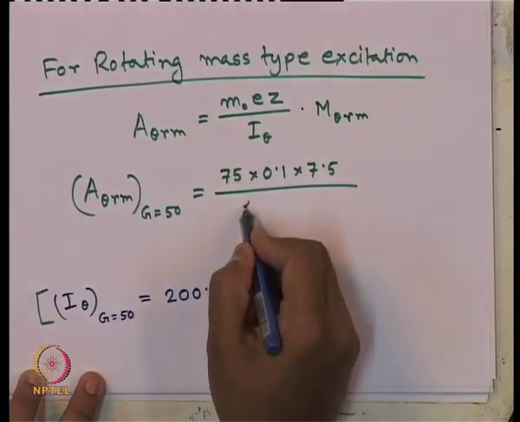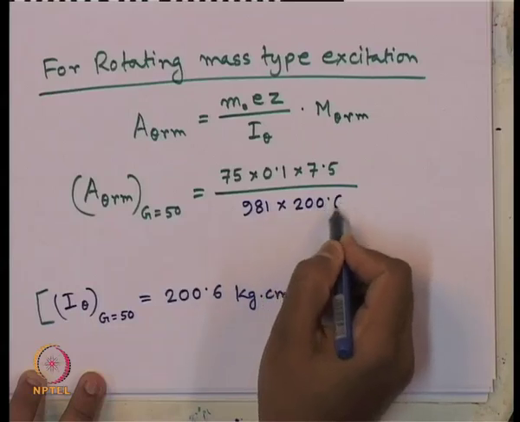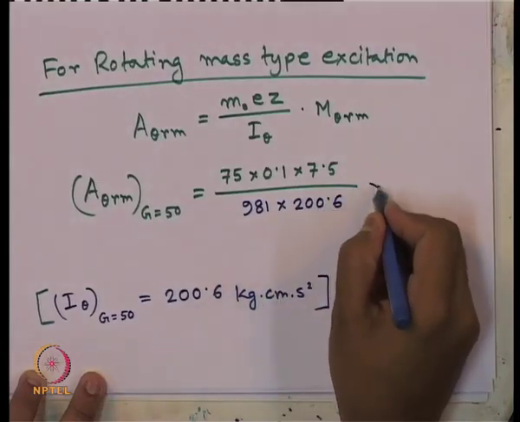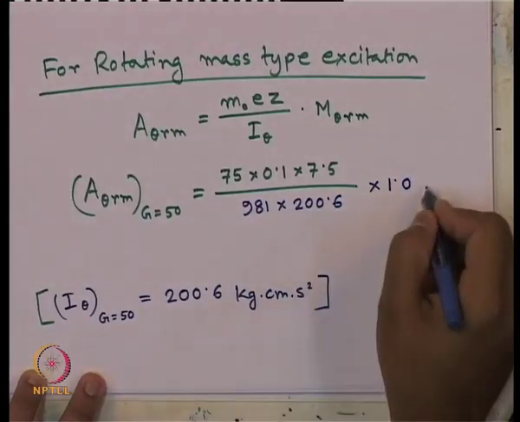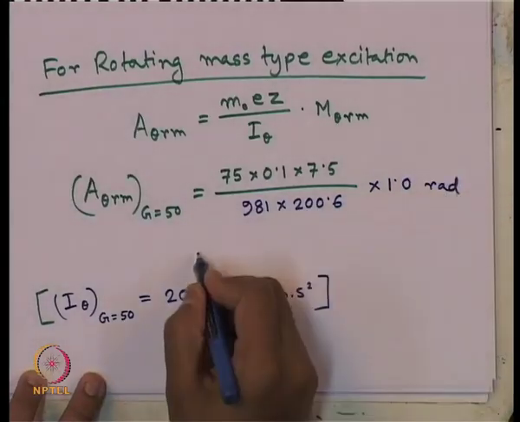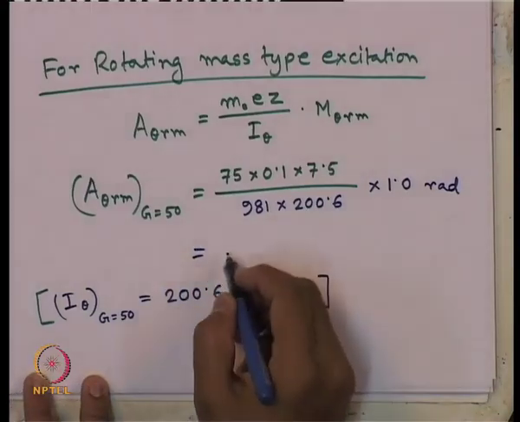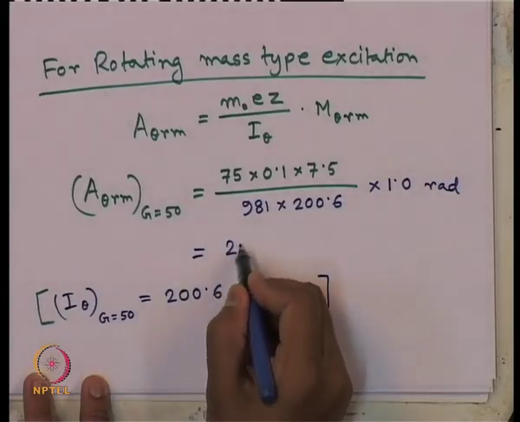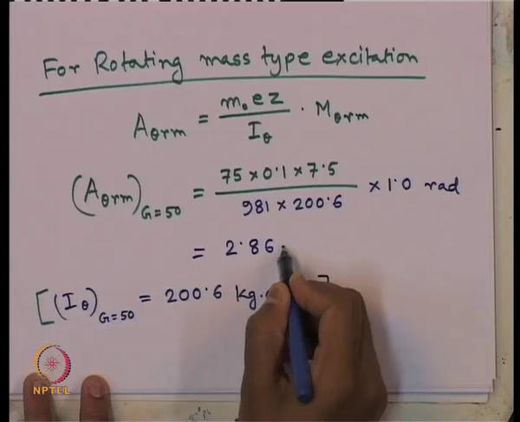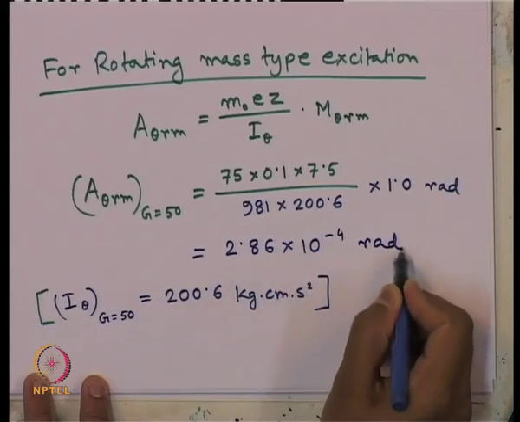So, 75 by 981 into 200.6 times mθ,Rm is 1, we have read from the design chart. So, it is coming as 2.86 into 10 to the power minus 4 radian.